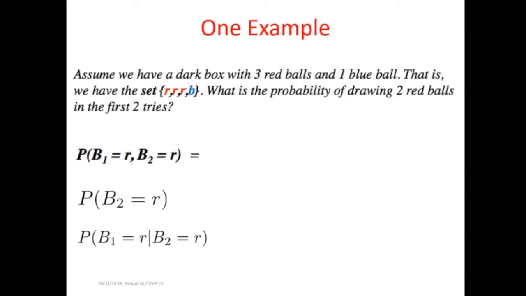If I want to use direct counting, I have to lay out all the possible first 2 tries, and then count how many RR there are among all possible tries. It's actually relatively difficult because there are 3 red balls. It's hard to distinguish a lot of RR.